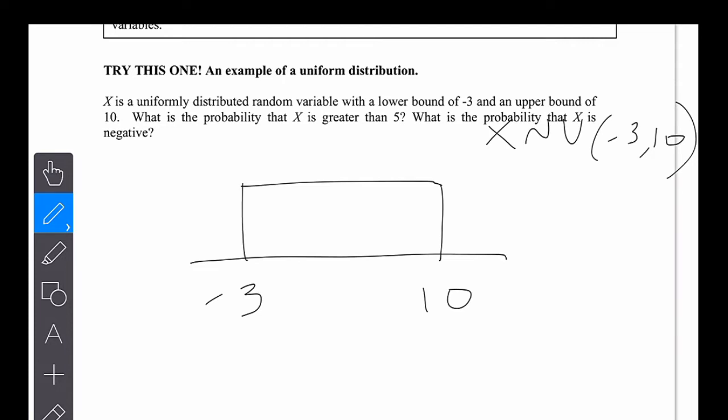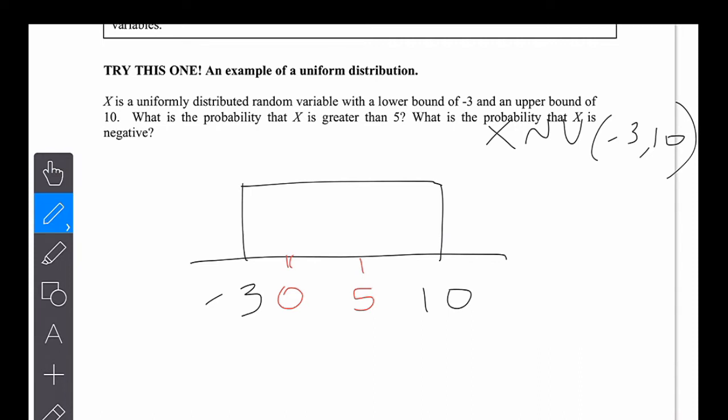Okay, let's plot this out. So let's say here is 0, and then here is 5, and there is 10. That's just to divide up the line, sketching it maybe not perfectly to scale, but it gives you an idea.